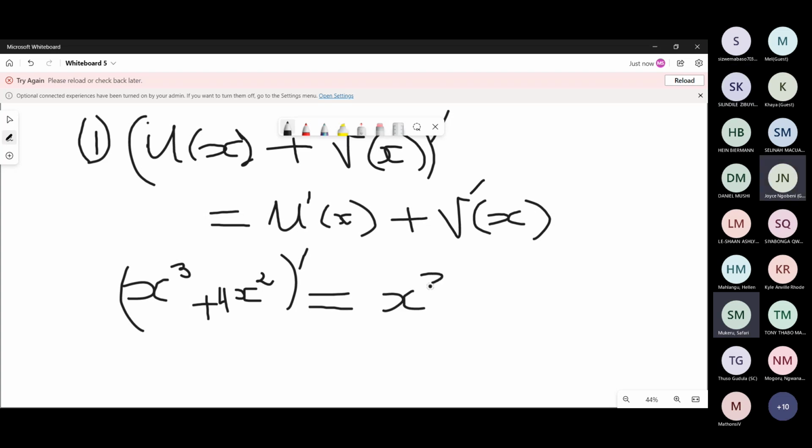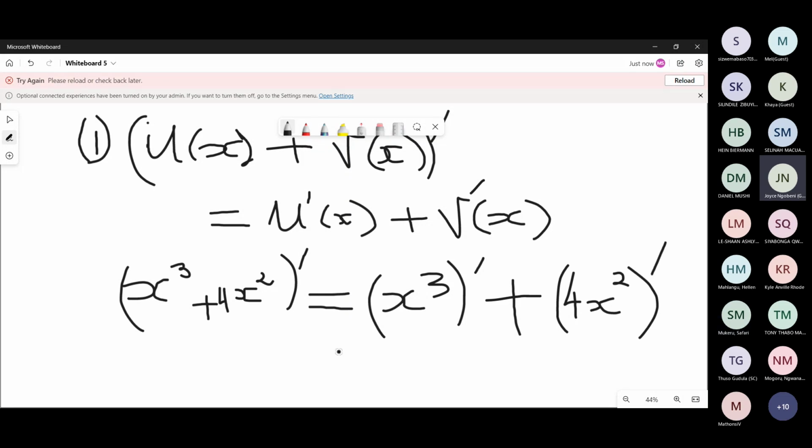We first take x power 3 and take its derivative, and we also take the other part, x power 4, and take its derivative. So we can split without any problem.